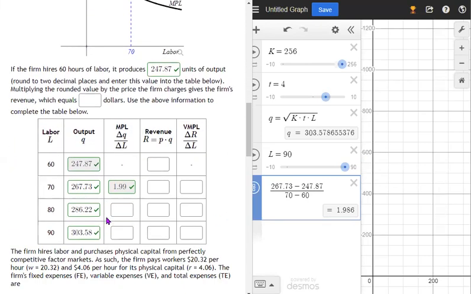All right, what about the marginal product of labor for 80 hours of labor? So what I'm going to do is delete the output that corresponds to the 60 hours, and then type down here 80. And at 80, output was 286.22, when hours demanded was 80. So now the marginal product of labor is this value to 2 decimal places, so 1.85.